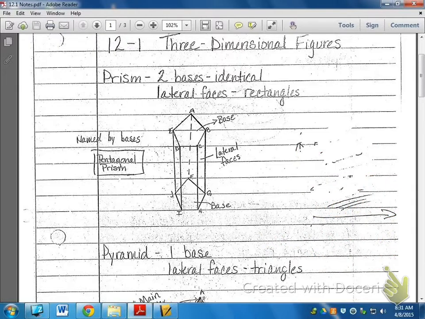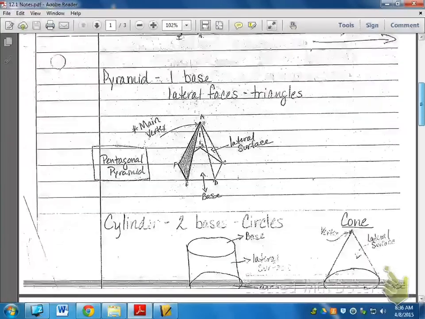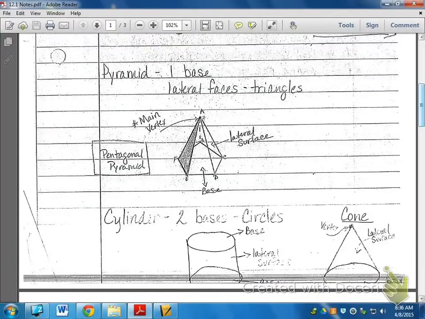All right, we're going to move on to talk about pyramids. Pyramids are the next three-dimensional figure, sort of like the prism. A pyramid is named by its base. The main difference is the pyramid only has one base.